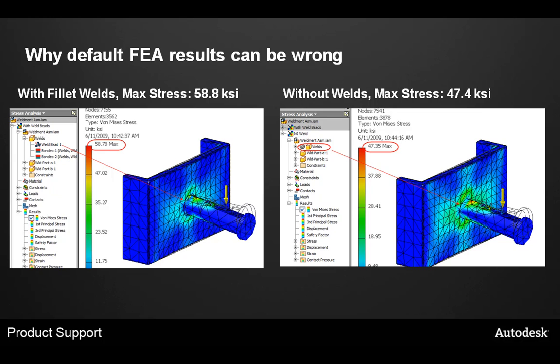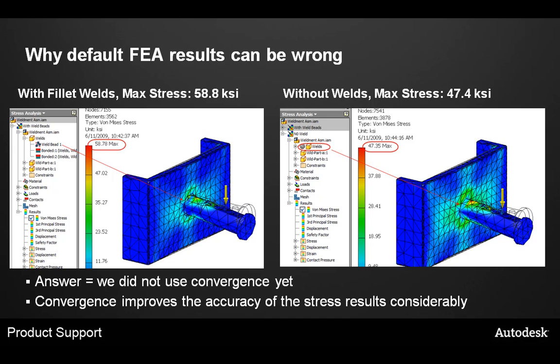So why do we see this result? Well, the answer is simple. You see this difference because we did not use any convergence yet. Convergence can help you improve the accuracy of your stress results.